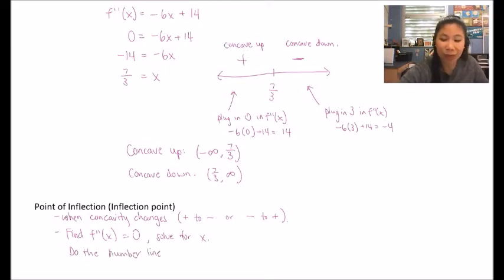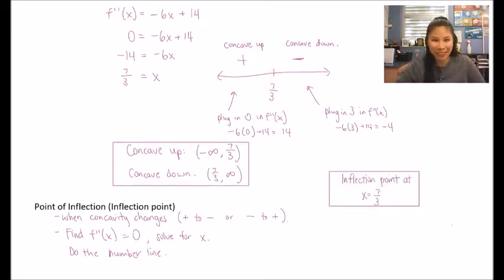Test out the numbers around it, and then see where it changes from plus to minus or minus to plus. That's the process for both finding your intervals of concavity and for finding points of inflection. So from our previous example, because on our number line we go from plus to minus, 7/3 is going to be our inflection point.